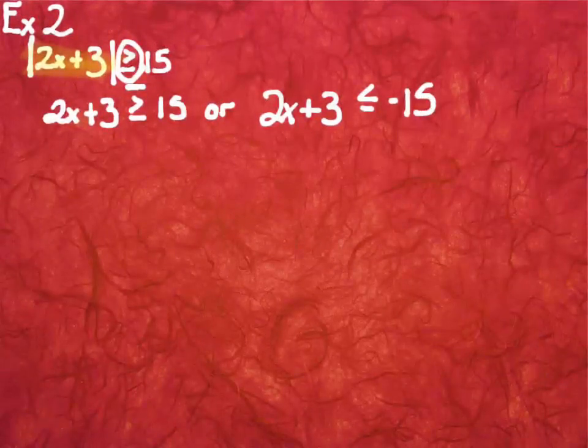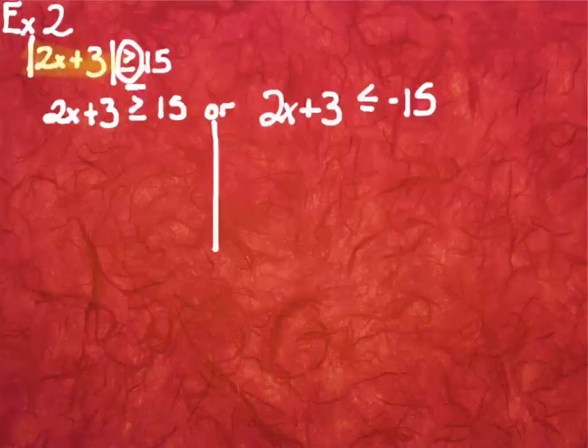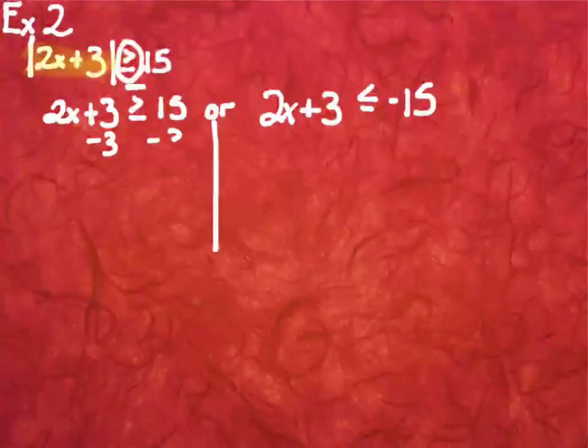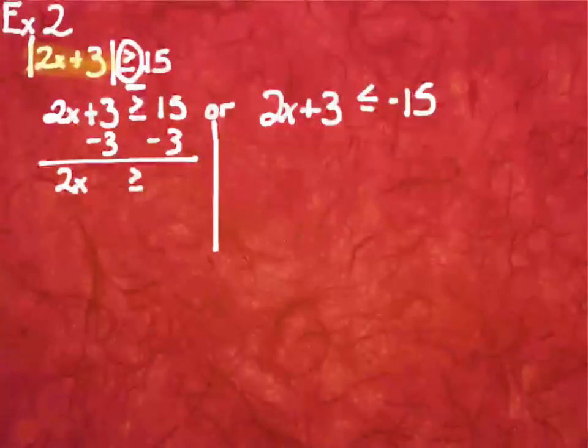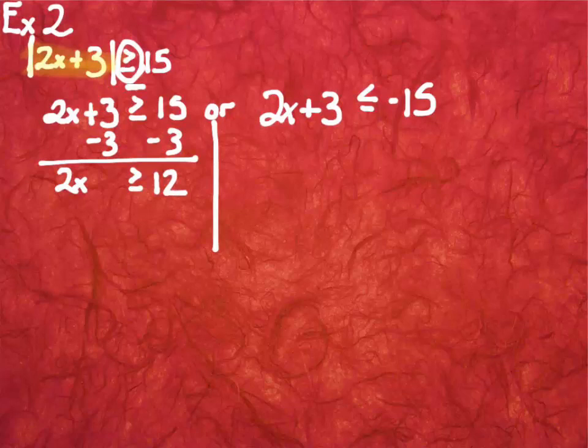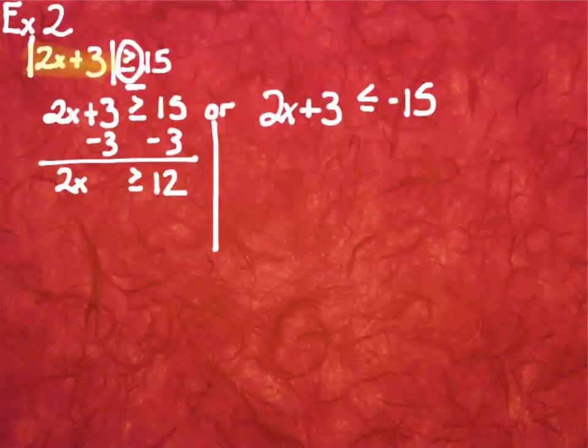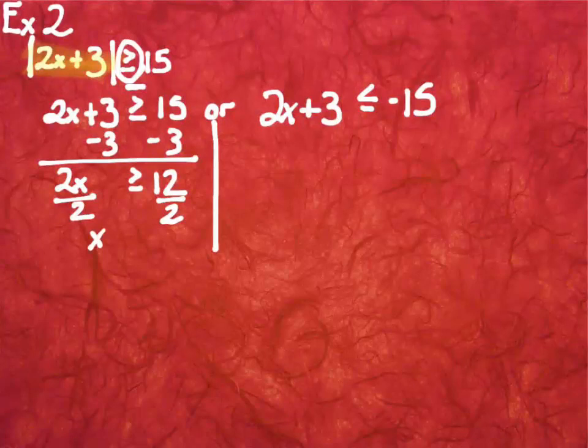And I'm going to solve one side of that at a time. So if I solve on my left, that means I subtract my 3, and I end up with 2x is greater than or equal to 12. Then I would divide both sides by 2, and x is greater than or equal to 6.